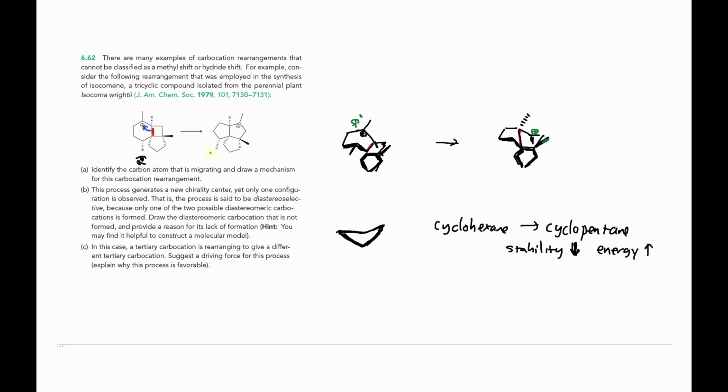But we had the cyclobutane that became the cyclopentane, and obviously the stability goes up and less energy is involved. The universe pretty much favors the lower in energy.